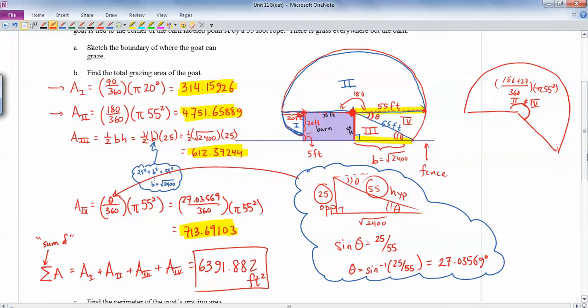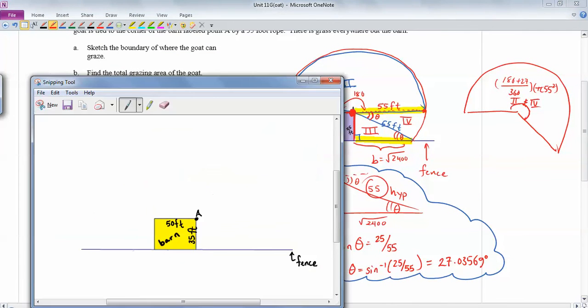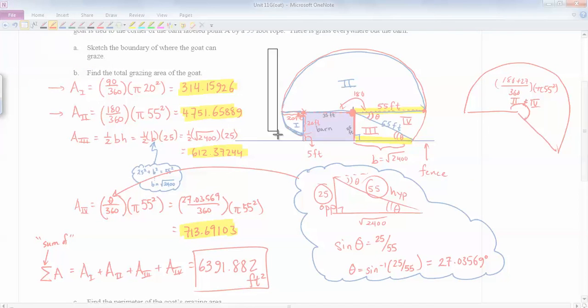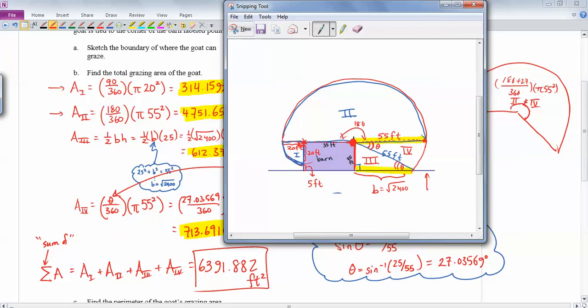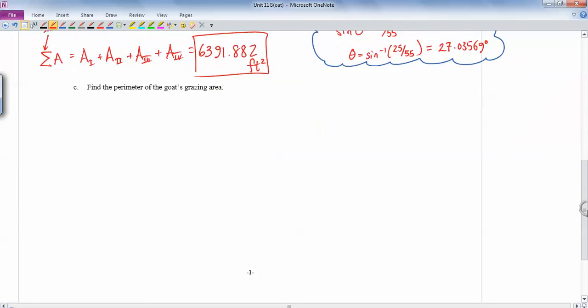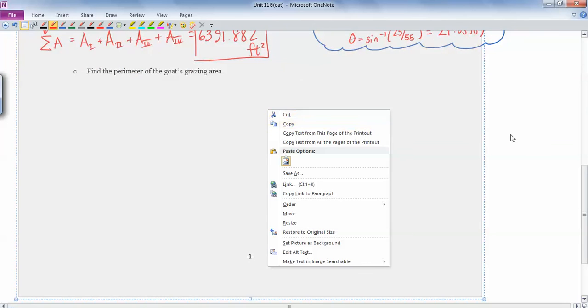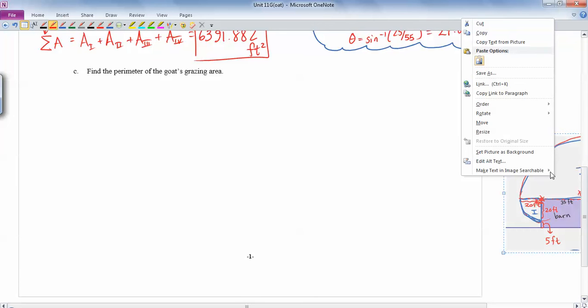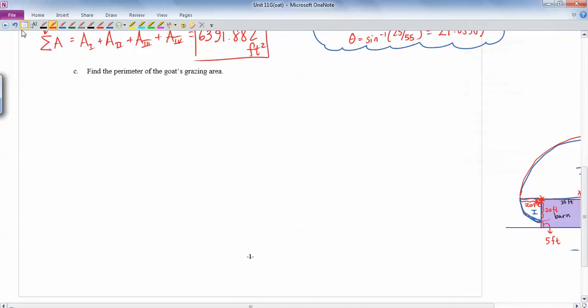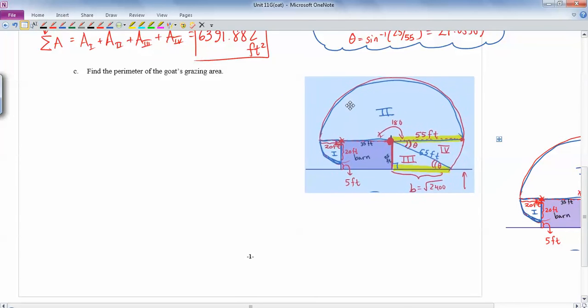Okay, now let me take this picture and cut and paste it here. Hit copy. And then I'll just paste it right down here so we have it again. All right.